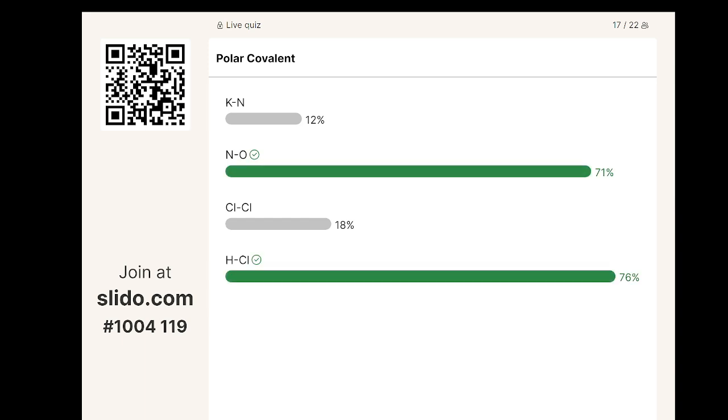Okay. And that is actually correct. Good job. So, KCl, metal and nonmetal, right? That one has to be ionic. Cl2, same thing. That can't be polar, can it? The other ones, NO, HCl.